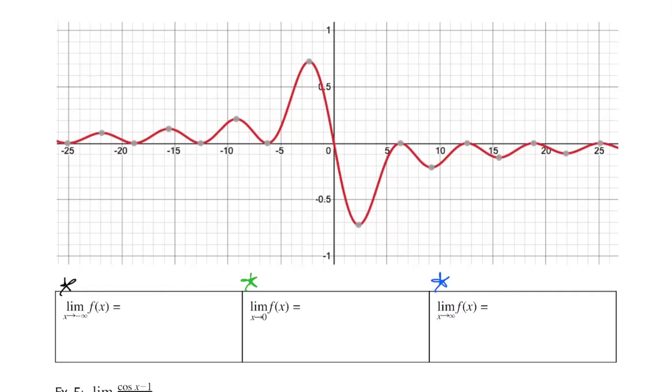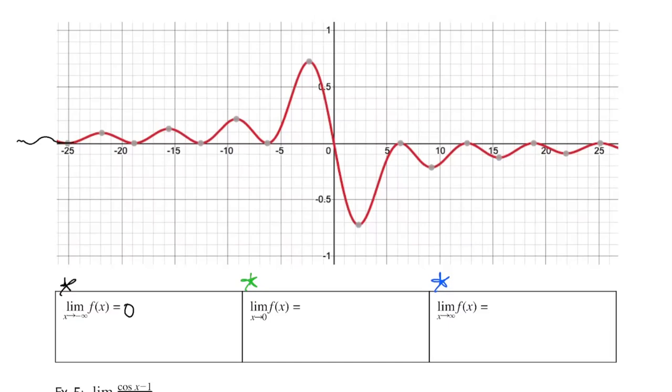All right, 0, 0, 0. Okay, so no matter where we look in this particular graph, these 3 key points, the left end, the right end, and the middle, this graph happens to go to 0 at all 3 of those locations, okay? We can tell at the left end because we can see that the waves get flatter and flatter.